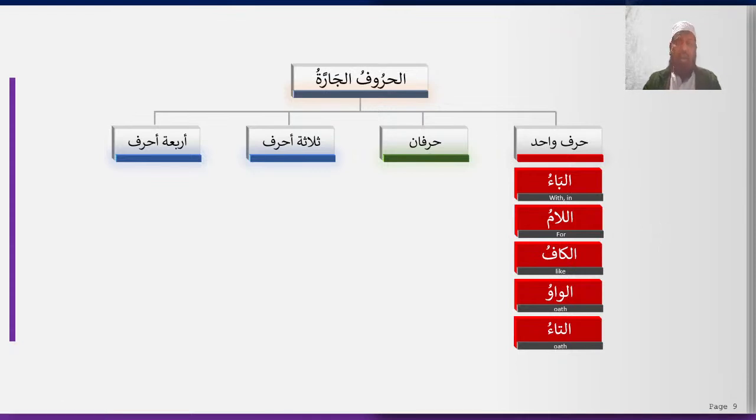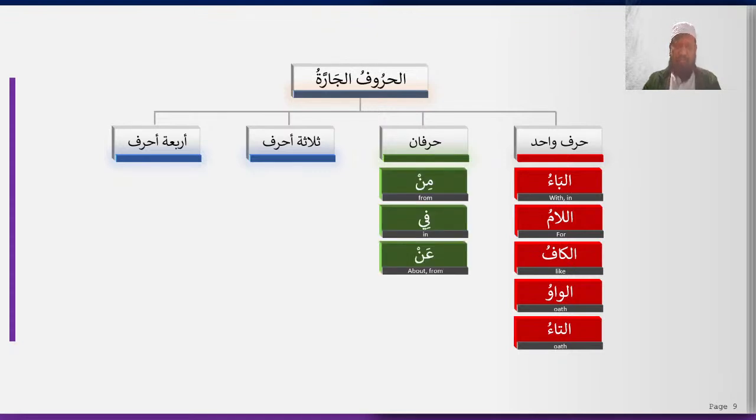For example, lahu, laka. But if lam is used with an ism, then it will be with kasra, لزيد. الكاف with the fatha ka, الواو with the fatha wa, and the ta with the fatha ta.